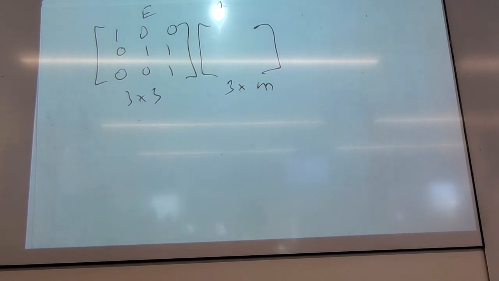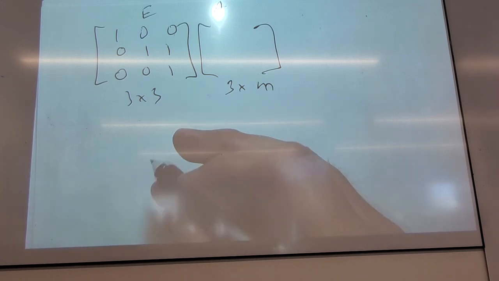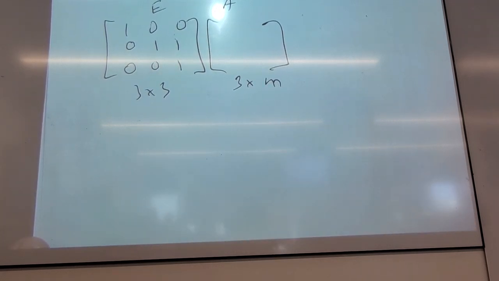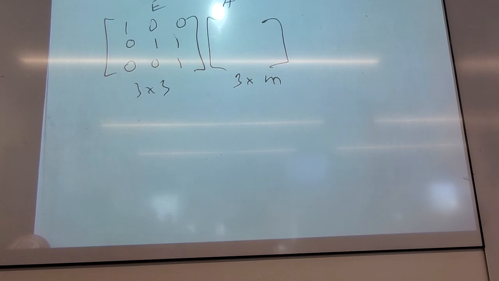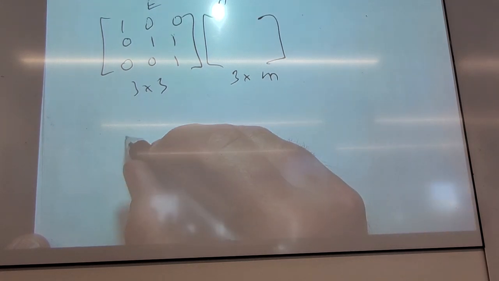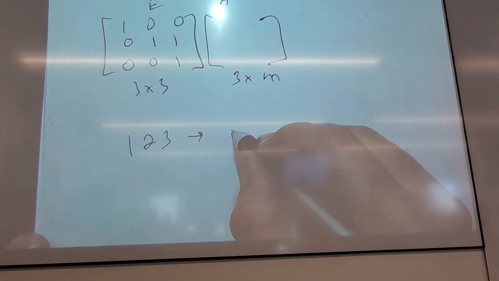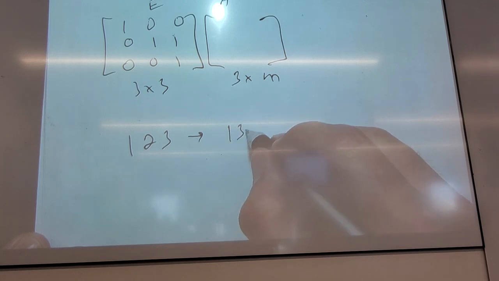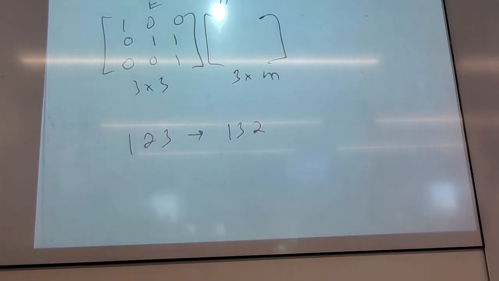Yes? Okay. There's a certain class of these matrices that don't deal with just combinations and multiples, but they deal with changing the order of rows. There's a certain algorithm I could apply. If I have the numbers 1, 2, 3, and I make them 1, 3, 2, I've just applied a certain idea.